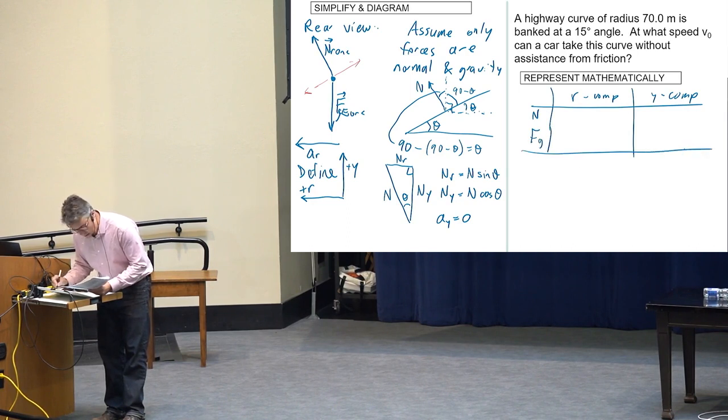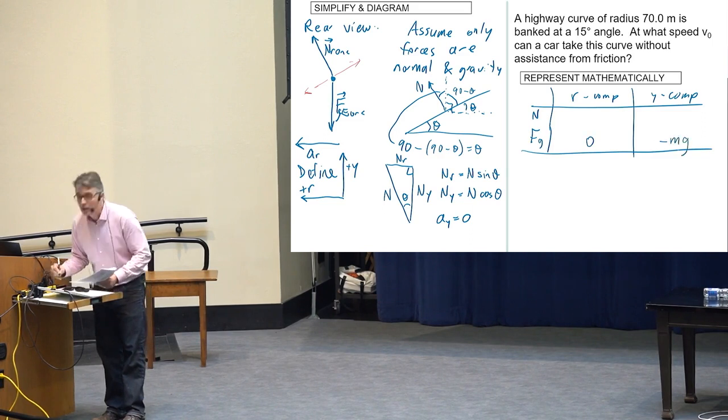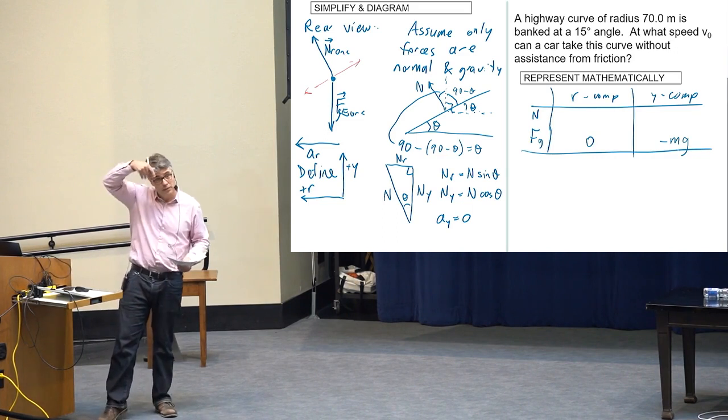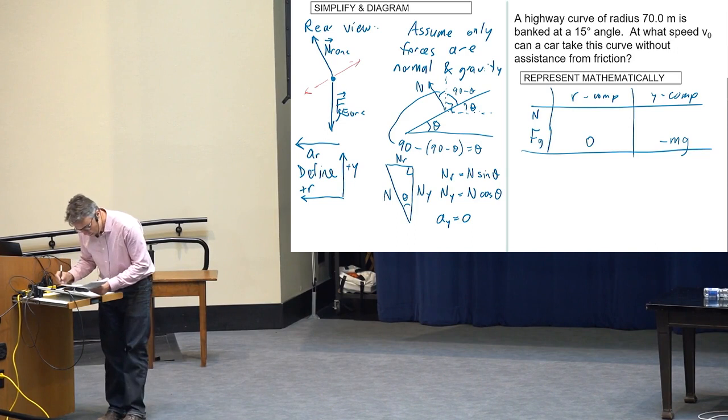Gravity is easy, right? There's no r component to it. There's just negative mg, because it's in the minus y direction. And I like m and g to be positive numbers, so that's my negative. And then the r component of normal force is n sine theta, and the y component of normal force is n cos theta. And then we can just add these things up.